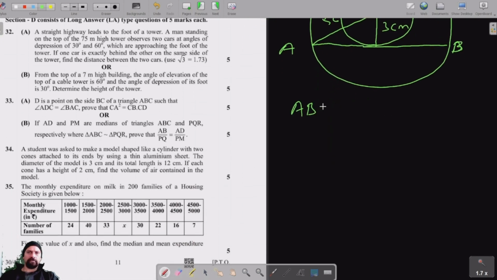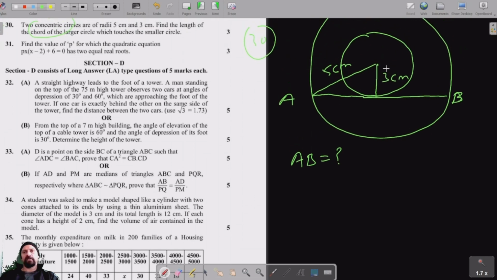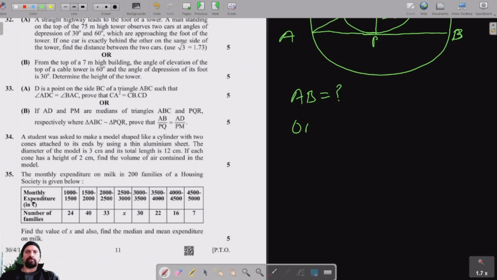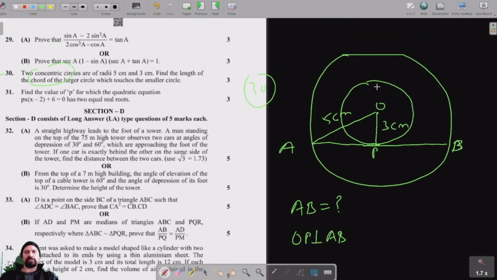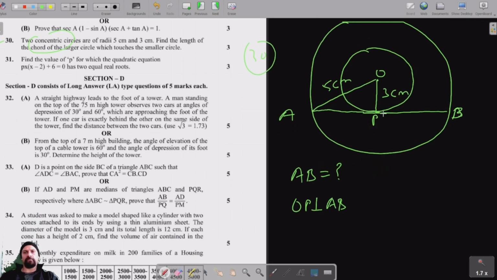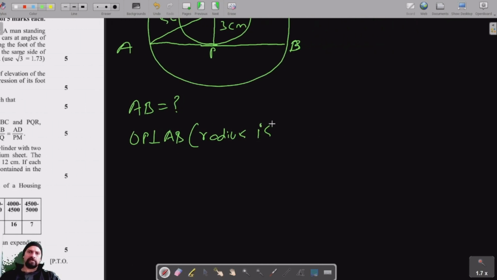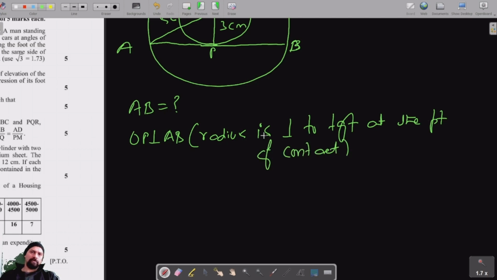Let's say it touches the smaller circle at P, so OP is perpendicular to AB because AB is touching the smaller circle, so AB is a tangent to the smaller circle, and we can say that the radius is perpendicular to the tangent at the point of contact.